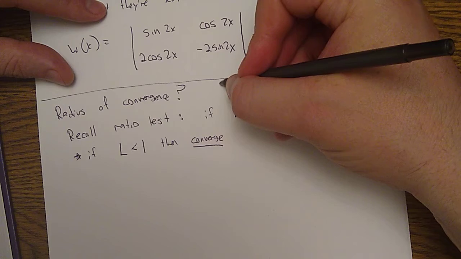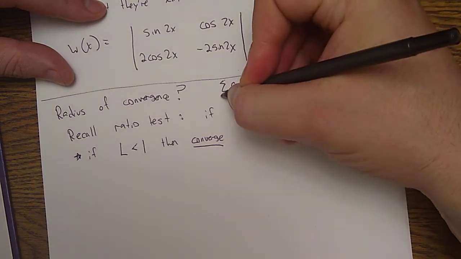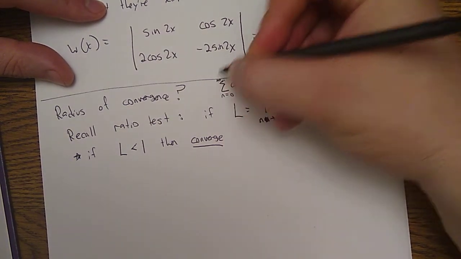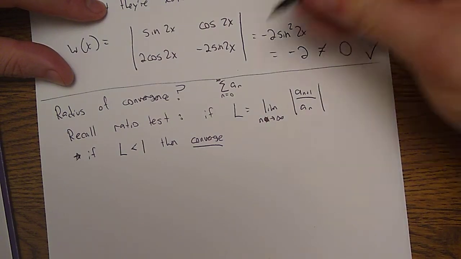Just to be clear, we're talking about the series sum of a sub n from n equals 0 to infinity. So that converges if L is strictly less than 1.